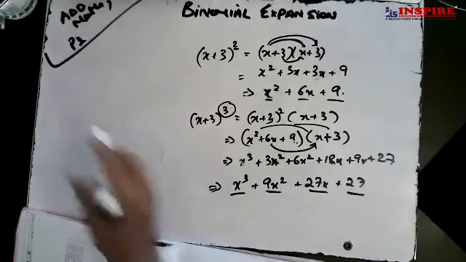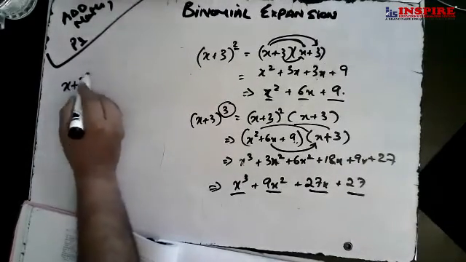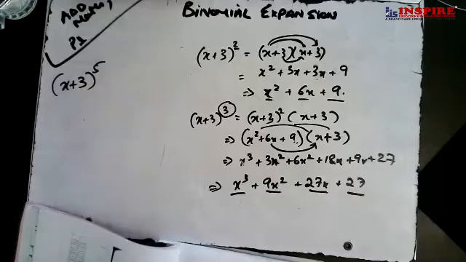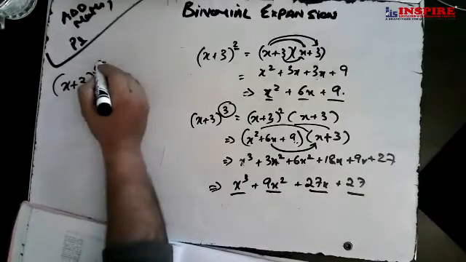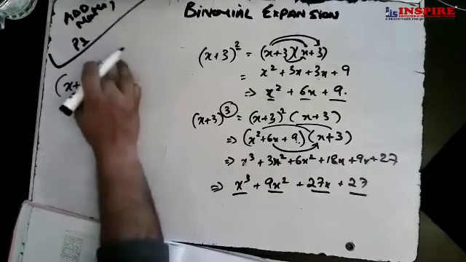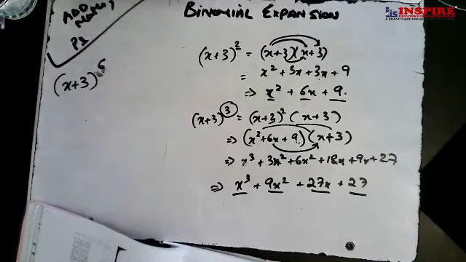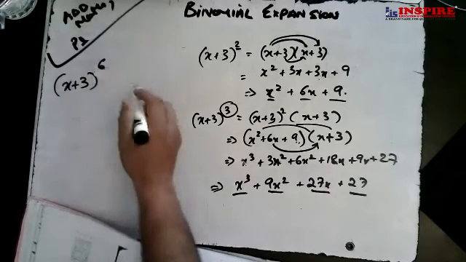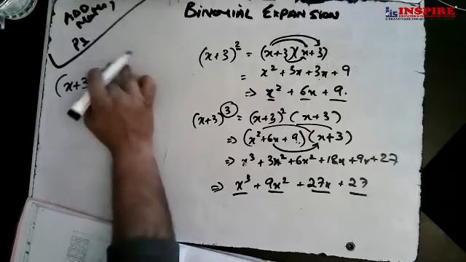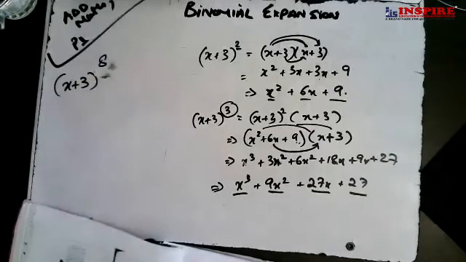So what happens if I ask you to do x plus 3 to the power of 5, or x plus 3 to the power of 6, or x plus 3 to the power of 8?